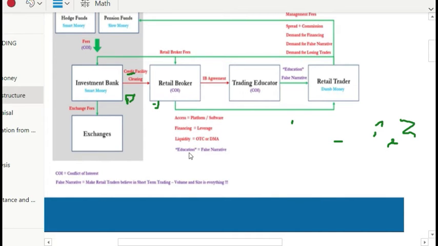And education, so the diagram will explain also in terms of education, where these people hire people who are called trading educators, so that they go to you and teach you crap, or what we call bullshit. You think now you know how to trade, right?